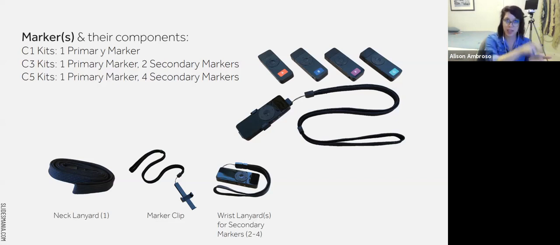So they have specific homes that you want to keep them in for optimal audio configuration. Just a thought, not necessary, but if you have young kids who are doing this with the secondary markers, you might want to think about getting them stuck down on something.